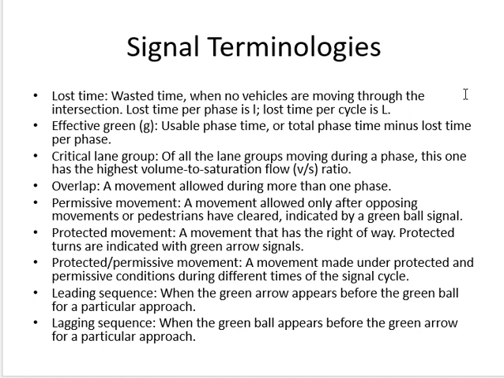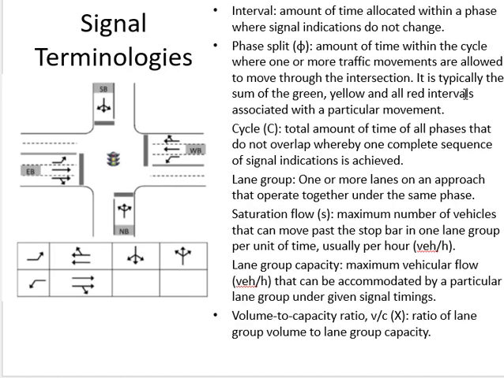Then we have two types of sequences for the phases. The phases of the signals can have a leading sequence or a lagging sequence. Leading means the turning happens first and then the through movement. Leading sequence means I have a turning movement and a through movement on the same approach.